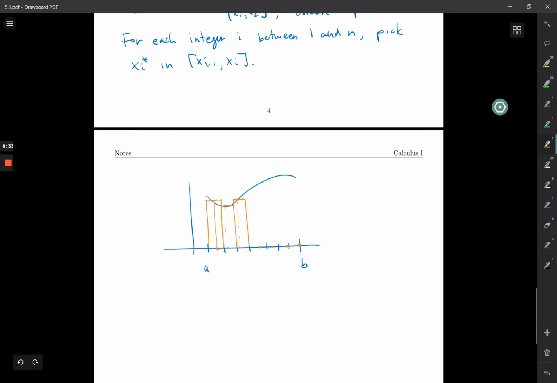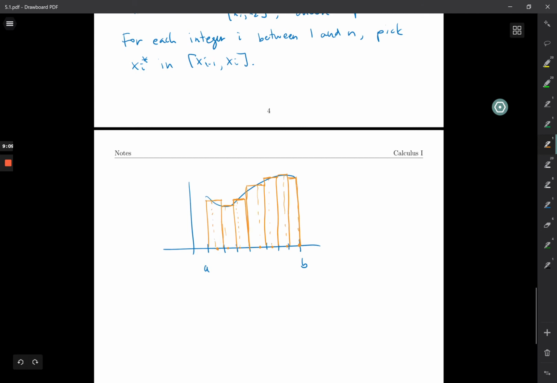So this is really the same process, but we're using random points in the interval instead of left-hand endpoints or right-hand endpoints. Okay, so here we get our approximation. This is what it would look like. Let me fix this to be consistent.